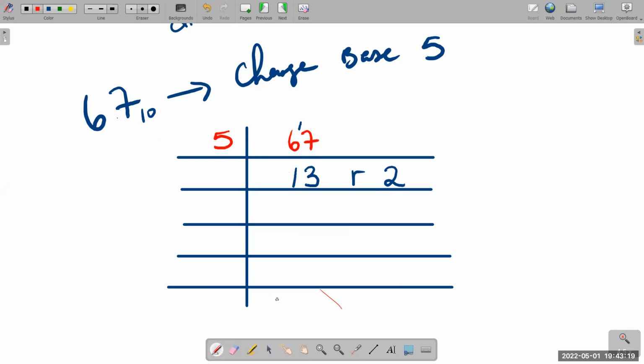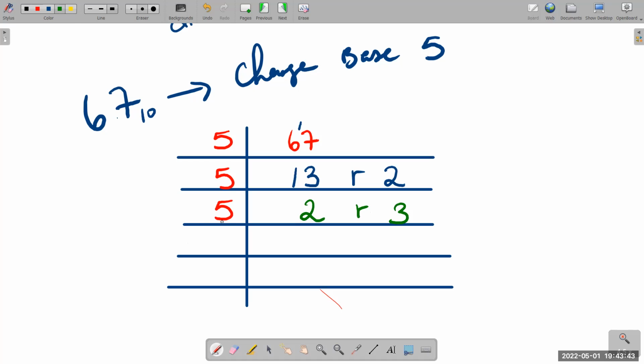You got to keep going until you reach nothing. Nothing at all. So we got to go again. 5 into 13 goes twice. Remainder 3. I can't stop yet because I have to keep going until I get nothing.